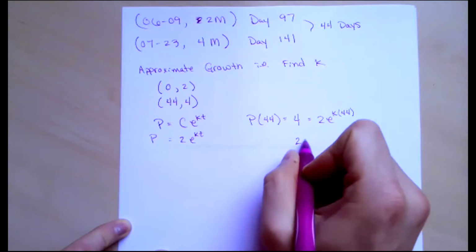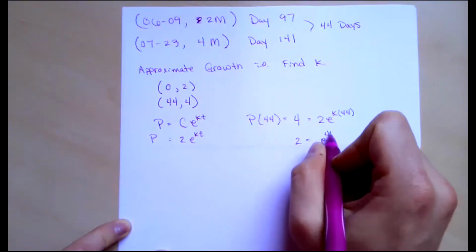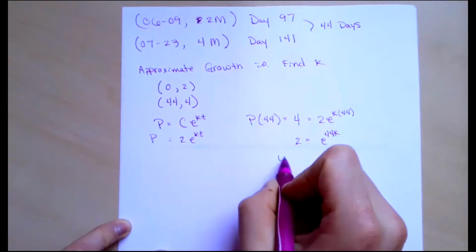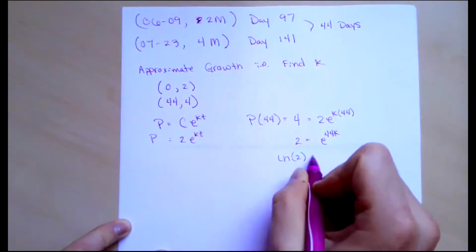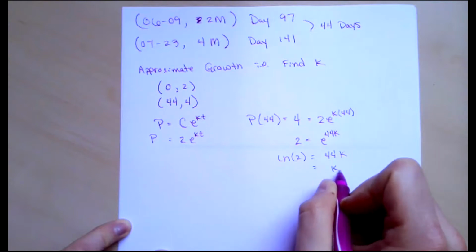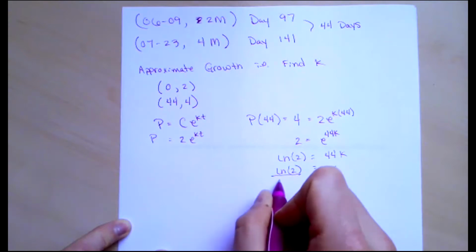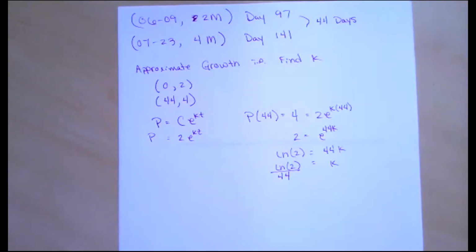So we get a doubling time. We'll get the natural log of 2 is 44k. And so our k is the natural log of 2 over 44. Let me get a calculator.